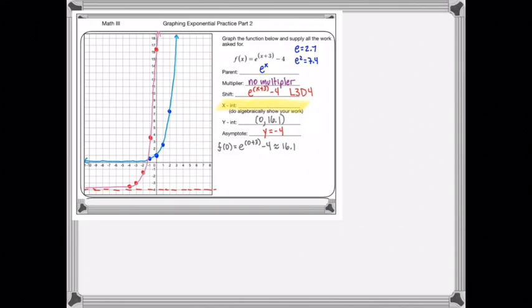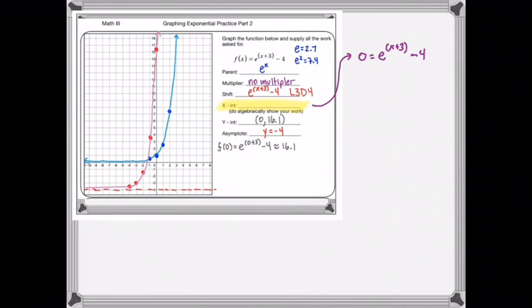Now we can go back and find all those. If you recall, to find the x-intercept, we let y equal 0, so I'd have 0 equals e to the x plus 3 minus 4.